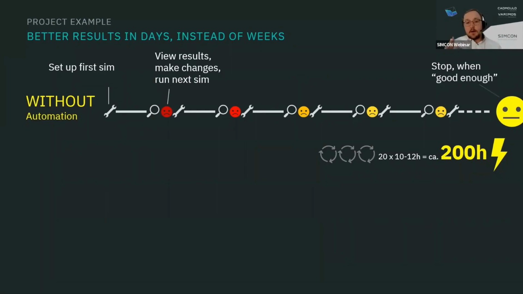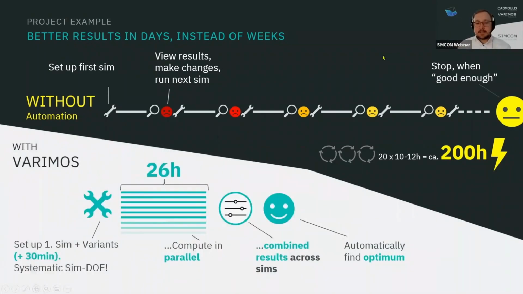And this took him, all in all, about 200 hours. And then he heard of Varimos, and we basically did the same. We set up the very first Varimos project, as I showed you in here. And then we had, I think, 16 simulations, and we computed them in parallel on a 6-core CPU, I think. And this took a little more than 1 day, just simulating nonstop on the PC.